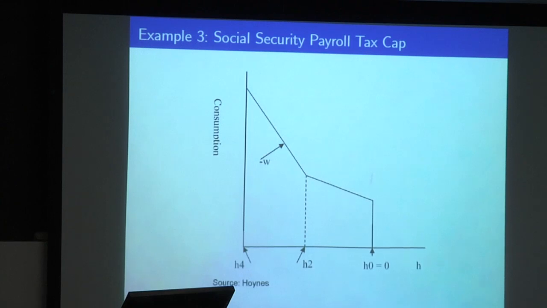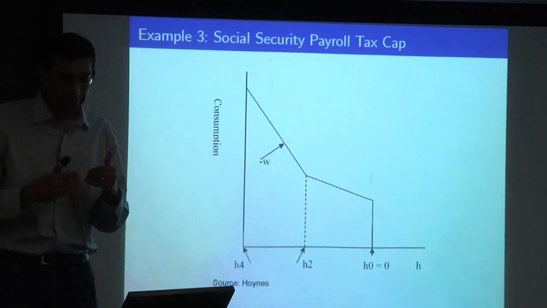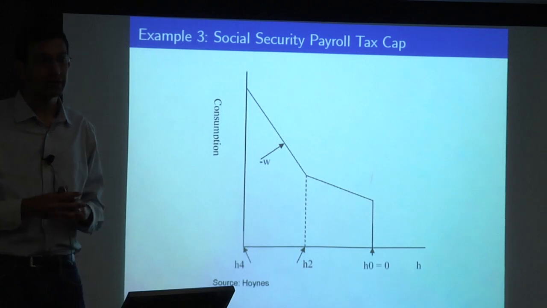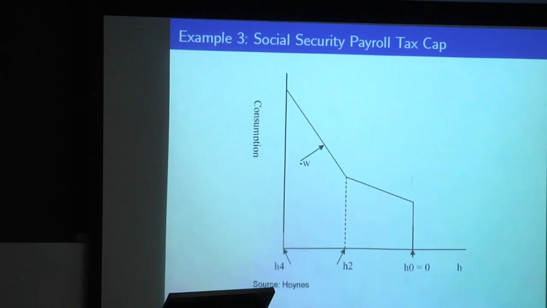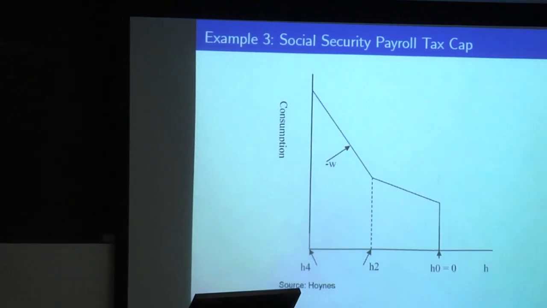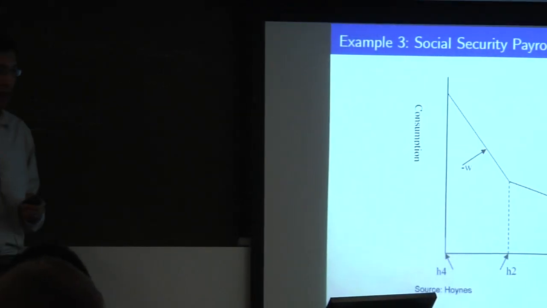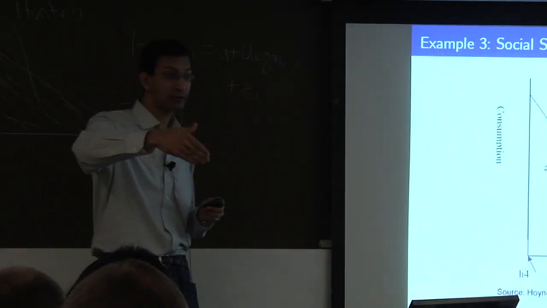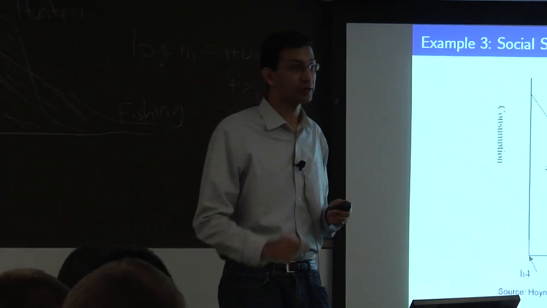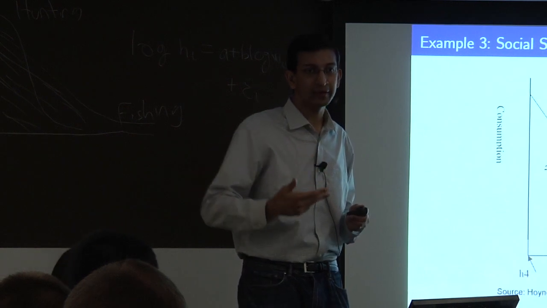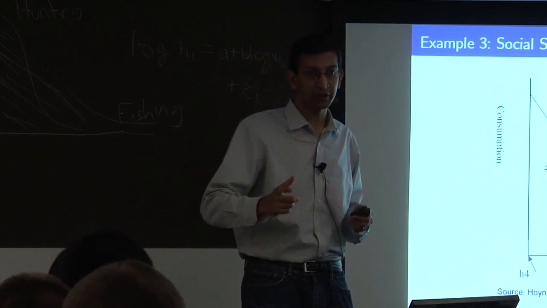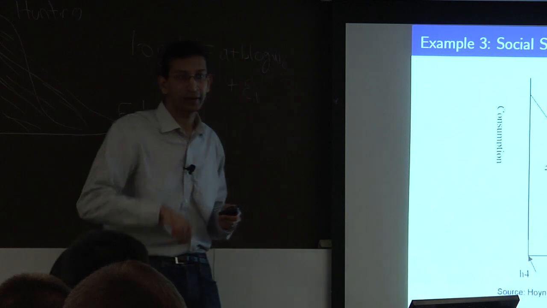A couple more examples that we see in practice. Social Security payroll tax cap. So what is this? In the US, you pay a Social Security tax up to some threshold, like around $110,000. And then beyond that point, you're exempt from paying Social Security taxes on the marginal dollar. Okay, and this is one of the key things that people are debating in order to close the budget deficit. Should we remove that cap or not?